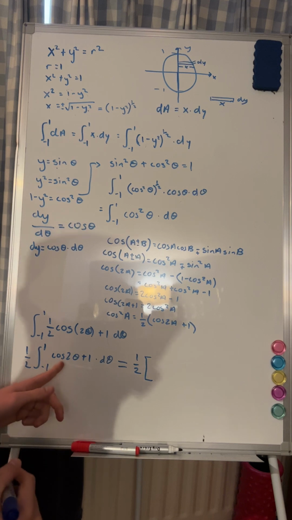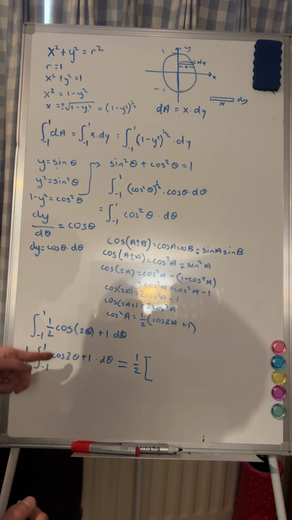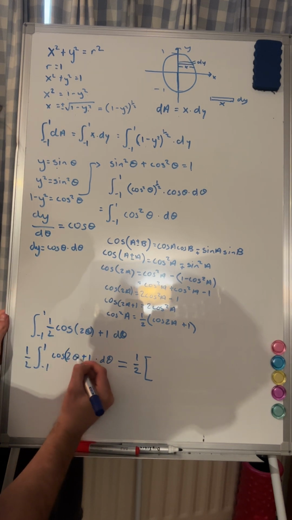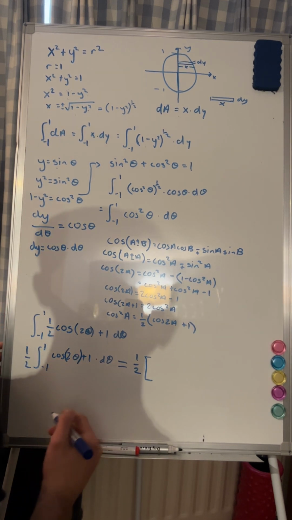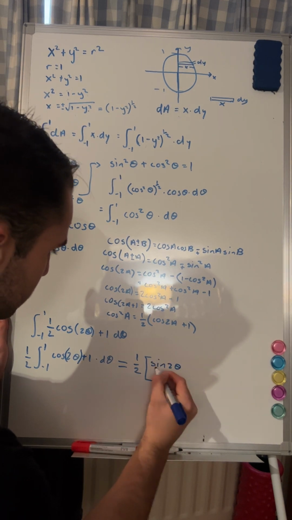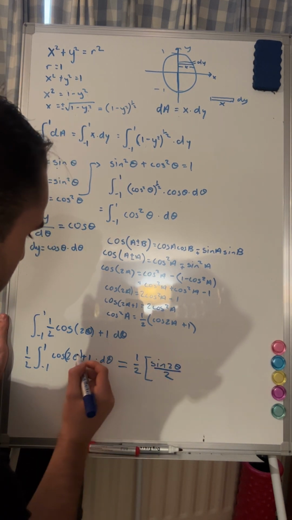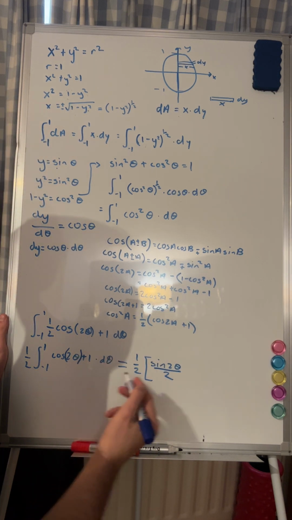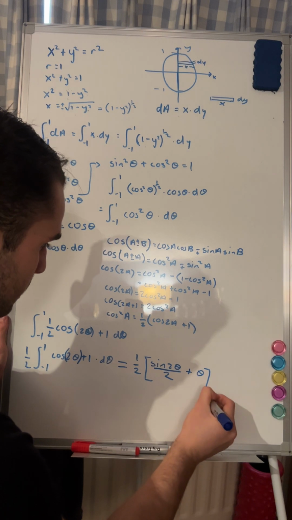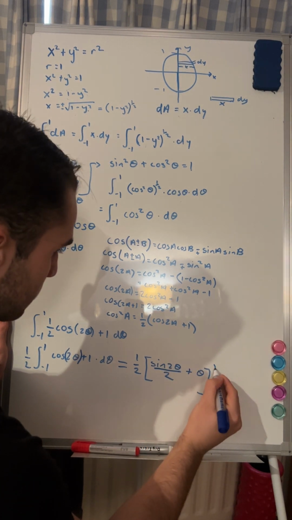And then cos 2 theta integrated, cos theta goes to sine theta, and then we divide by the differential of the brackets. Sorry, if I draw the brackets then it might make more sense. So we get sine 2 theta over 2, then 1 integrated with regards to theta is just theta, between 1 and minus 1.